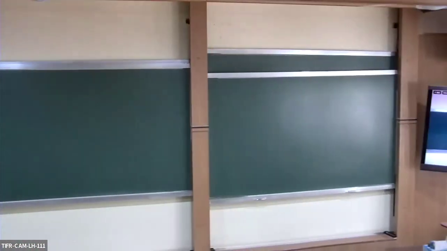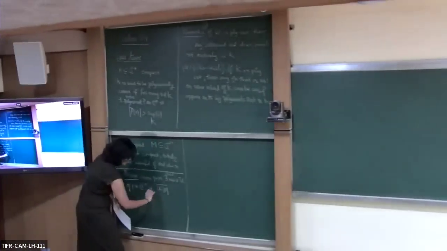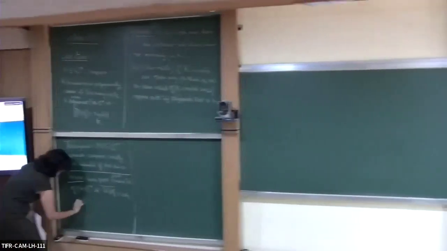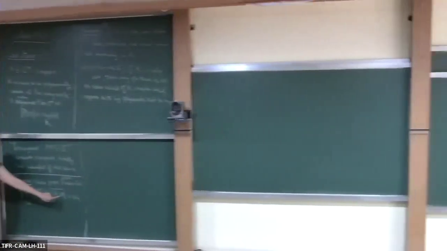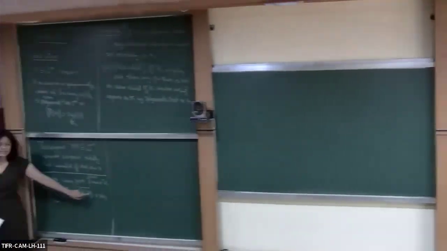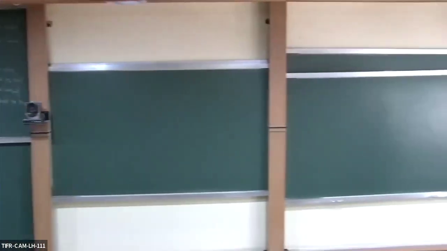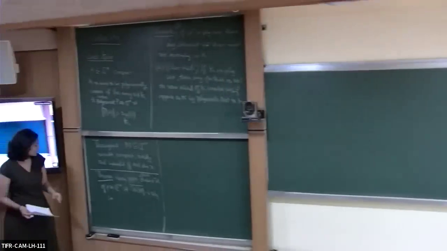I don't have to say that because M is compact, but in any case. So in particular, there is no holomorphic disk attached to M whose boundary lies entirely inside this neighborhood U.